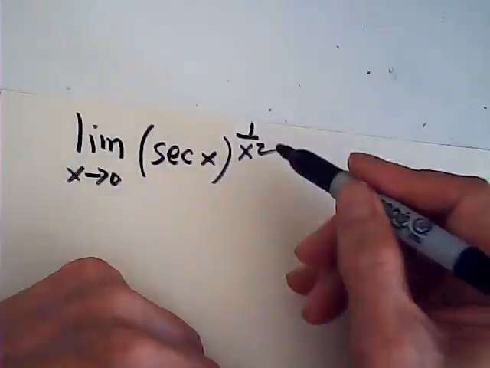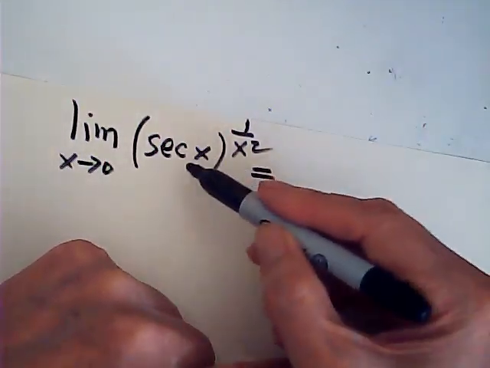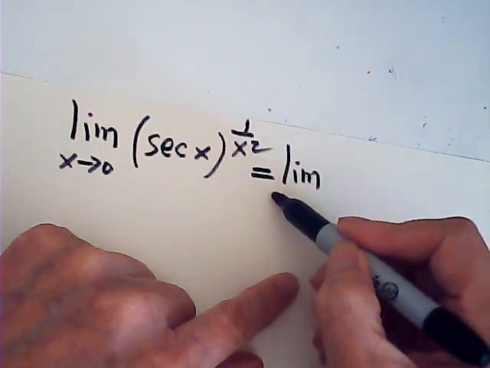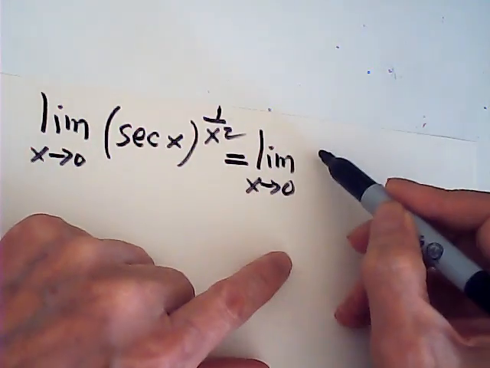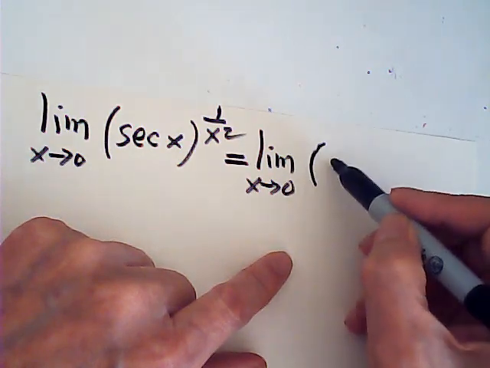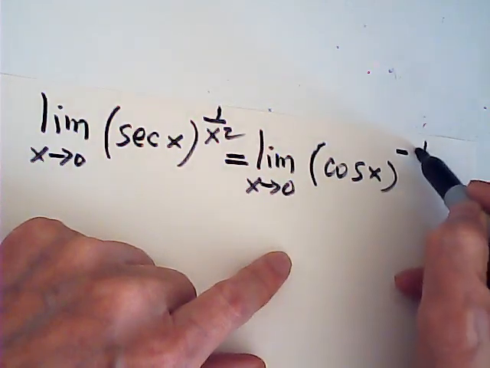Now first I change the secant to cosine, right? This is the limit x goes to 0 of cosine x to the negative 1 over x squared.